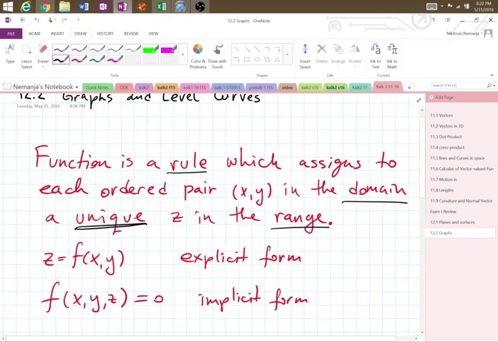And the most important word is unique. That's the one that makes a function. The word unique is the one which creates the rule to be a function.